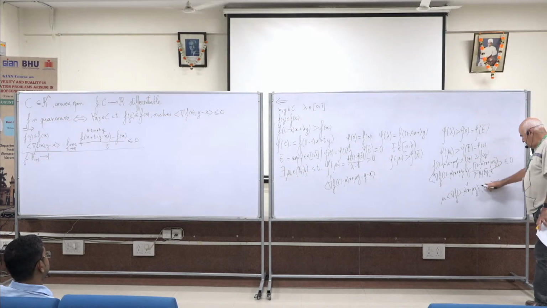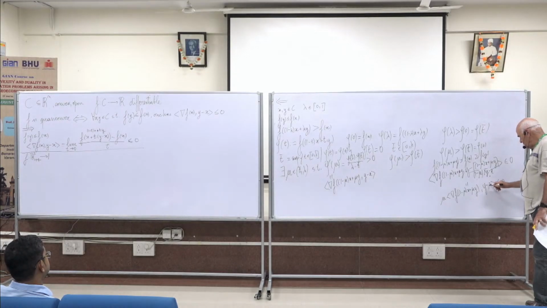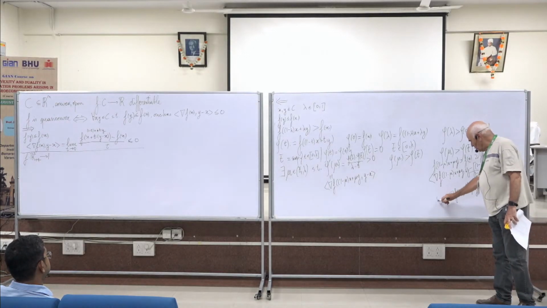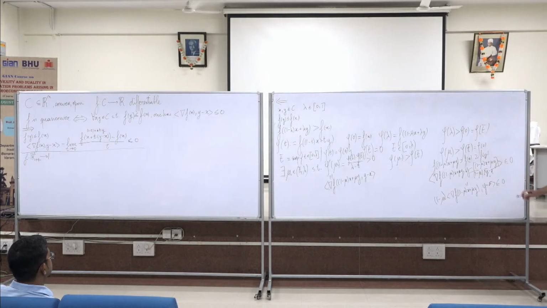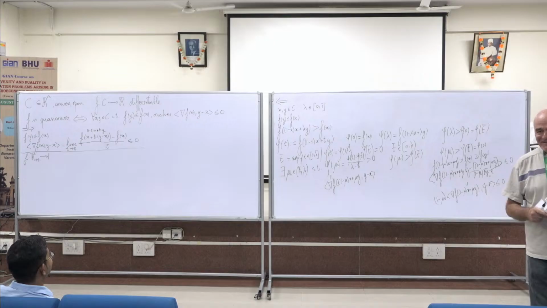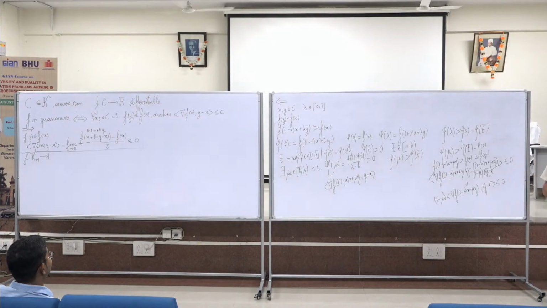So here I get y minus x, and here I get 1 minus mu, which is non-negative, and now this is a contradiction. Thank you very, very much. You saved me a lot of time.